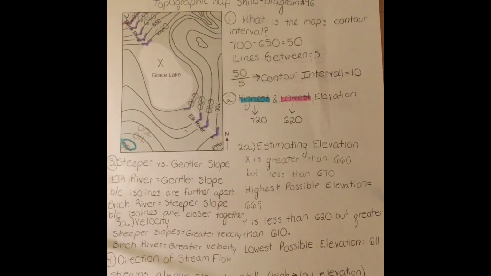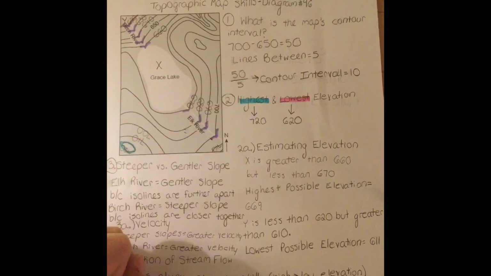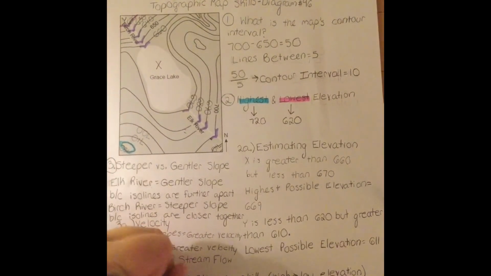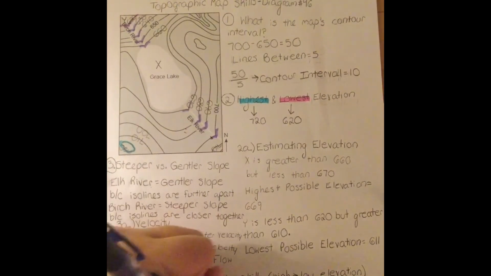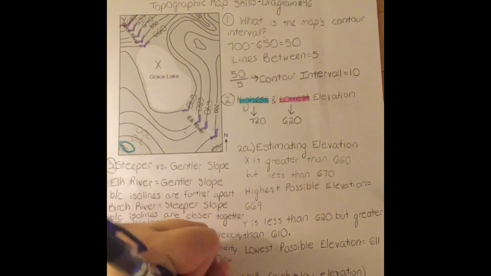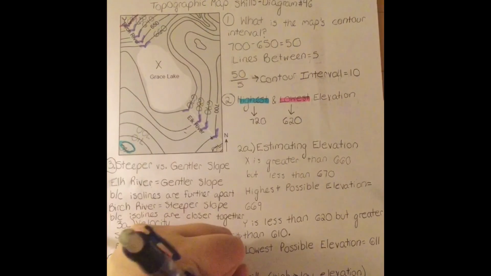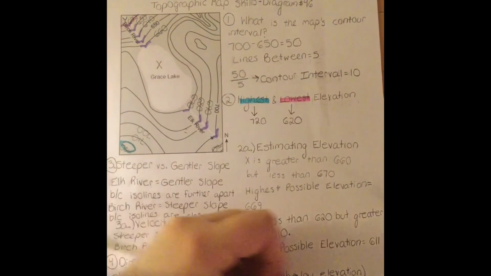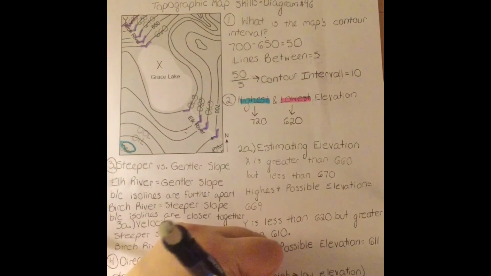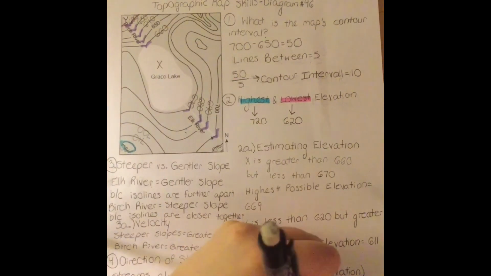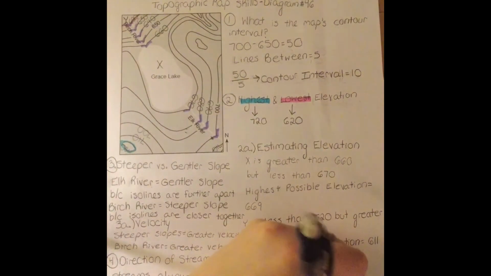If we know streams flow opposite the bends in contour lines, that means for this example that Birch River and Elk River flow to the northeast.